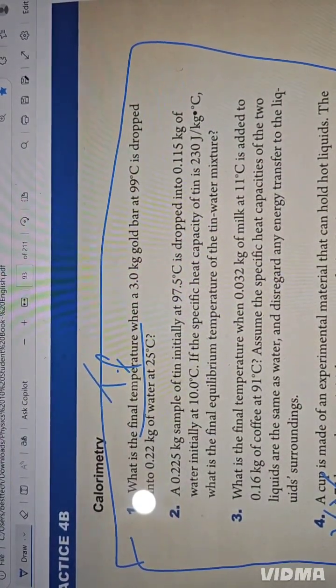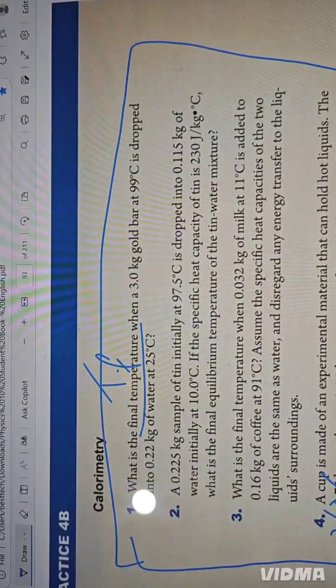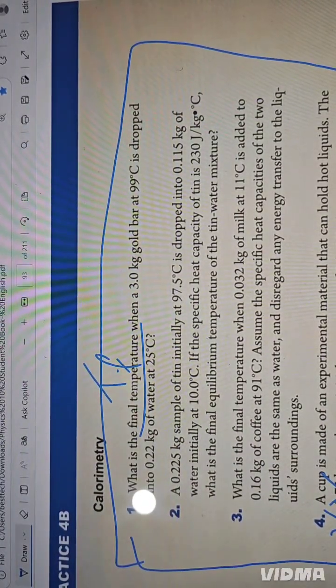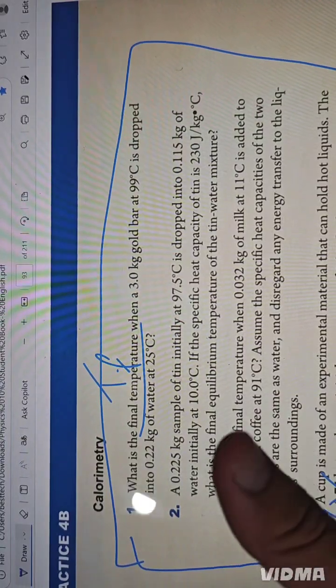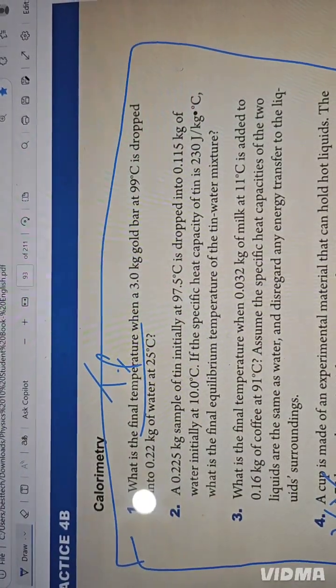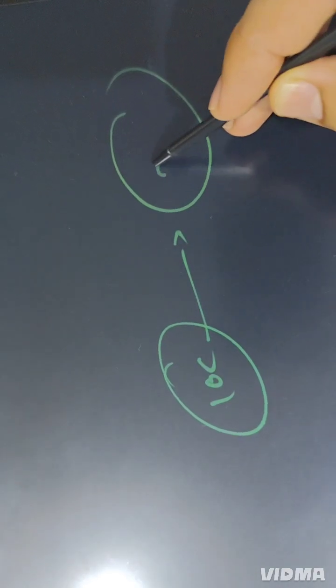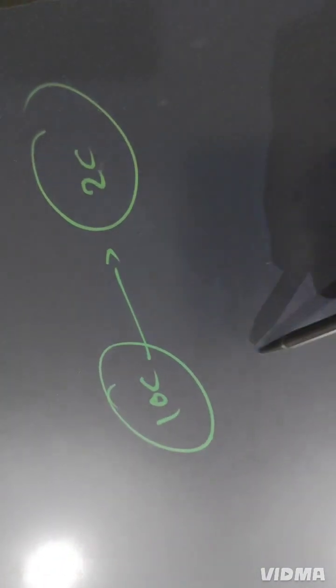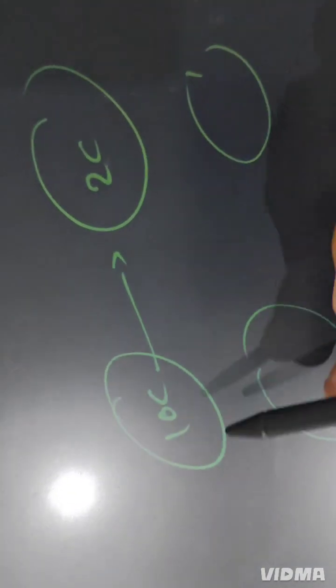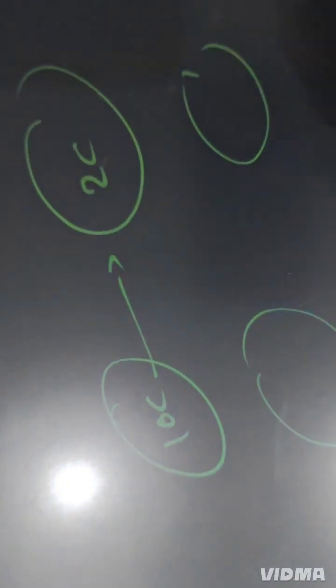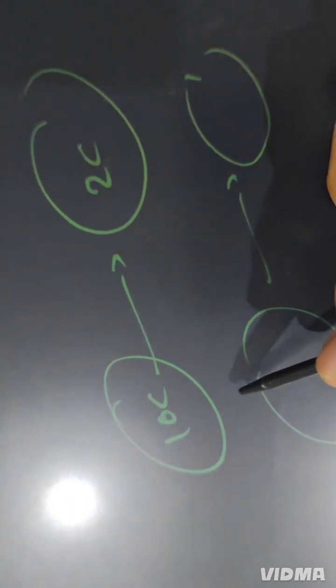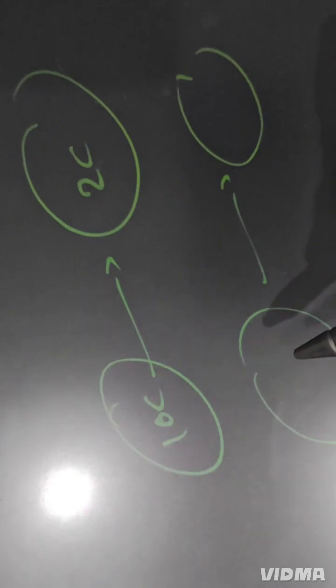For example, the final temperature of this question is 25 Celsius. These 25 Celsius should be for both objects, because if you remember, I said if there are two objects, for example transferring energy from 10 Celsius to 2 Celsius, after a few minutes the first object, because it is giving its own energy to the right side, becomes losing with time.